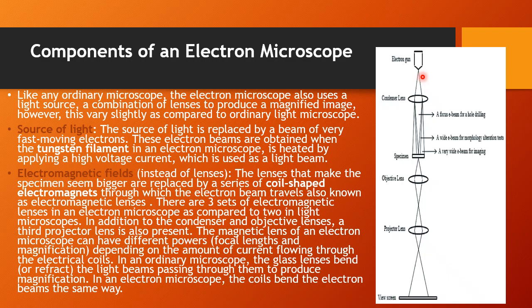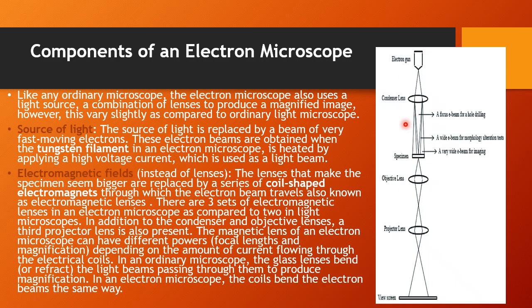Inside this electron gun there is a tungsten filament, and when you heat that tungsten filament to a very high voltage, it starts producing a beam of electrons, a very fast moving beam of electrons. This beam of electrons will be used in this electron microscope instead of the light beam. So this is the source of light.